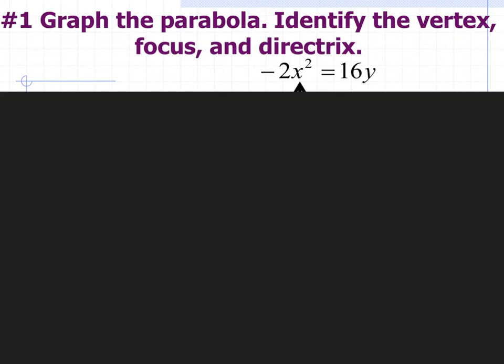All right, so you will find that for the most part, our questions are asking us to graph these parabolas. We also need to find our focus and directrix. So let's take a second and talk about what this focus and directrix are. Okay, so these are going to be a couple notes for you in this example.